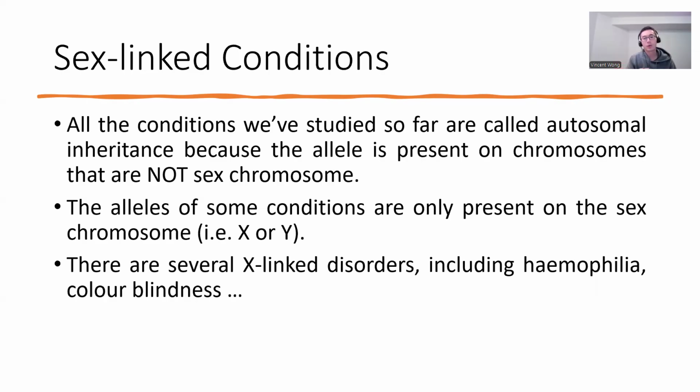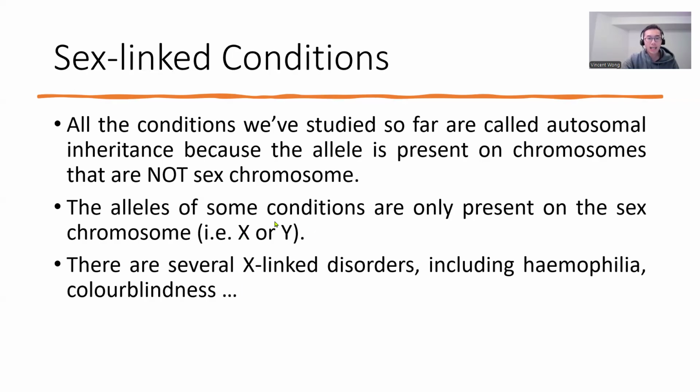Some examples of sex-linked conditions are X-linked conditions. X-linked means it's carried on the X chromosome, and includes hemophilia, which is a bleeding disorder. Your blood doesn't clot. If you have a cut, it keeps on bleeding and doesn't stop easily. Color blindness is another X-linked condition.